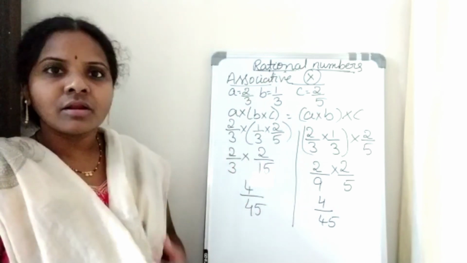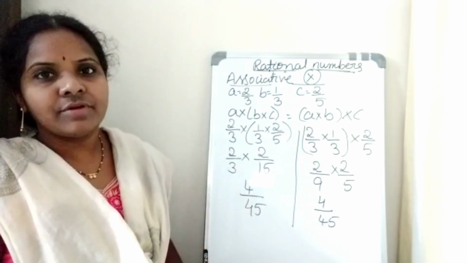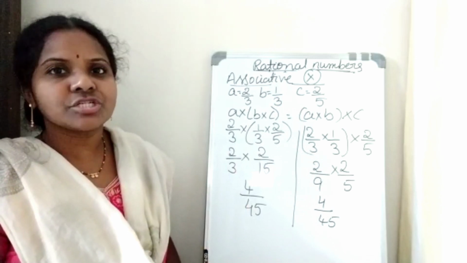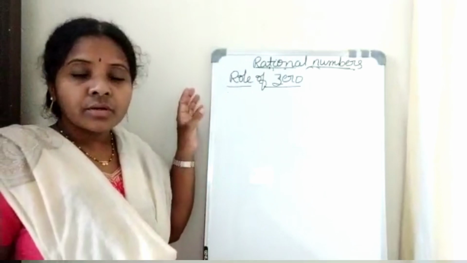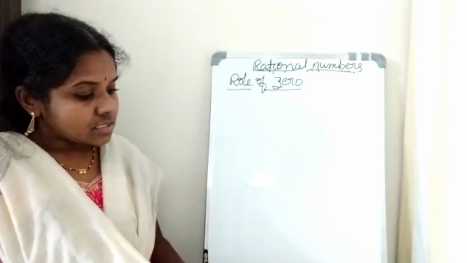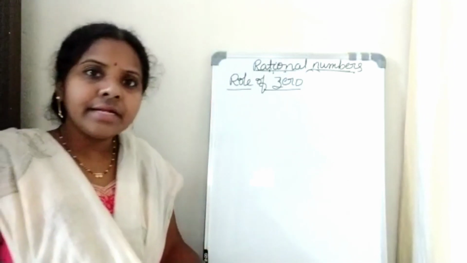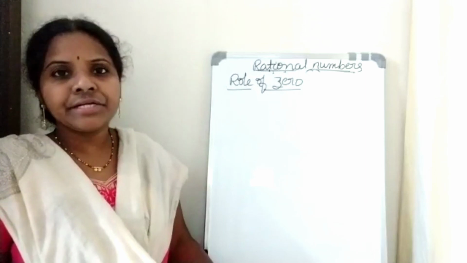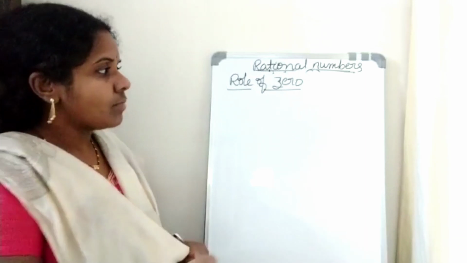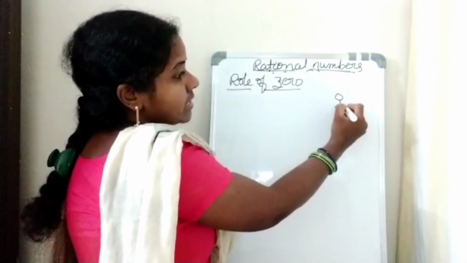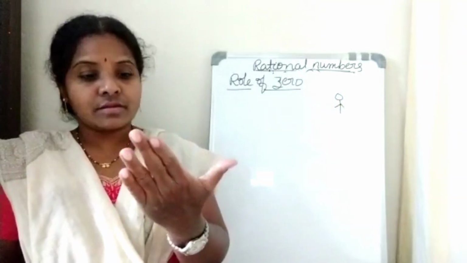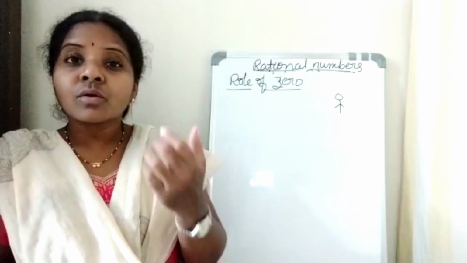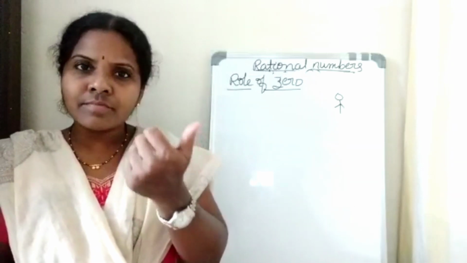Okay children, now one more property I will tell, that is the role of 0. Here I will tell about identity. What does identity mean? Suppose one boy is seeing himself in the mirror. Whose face will appear in the mirror?